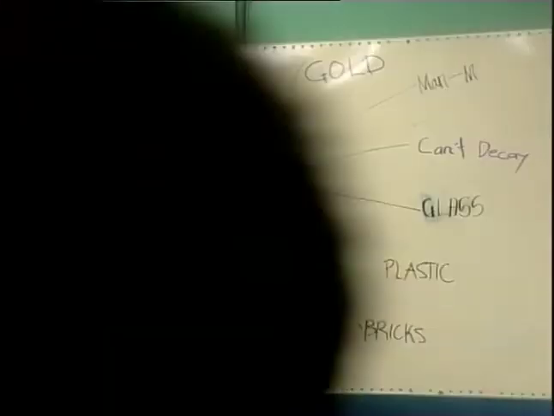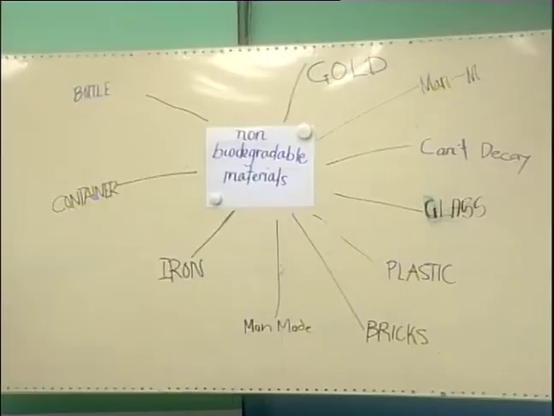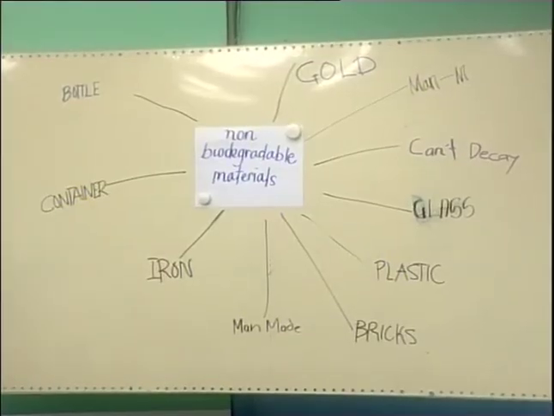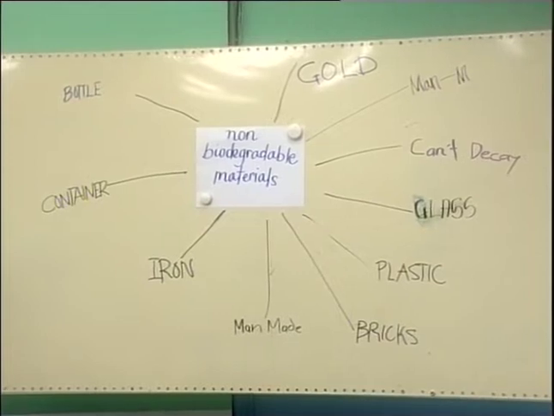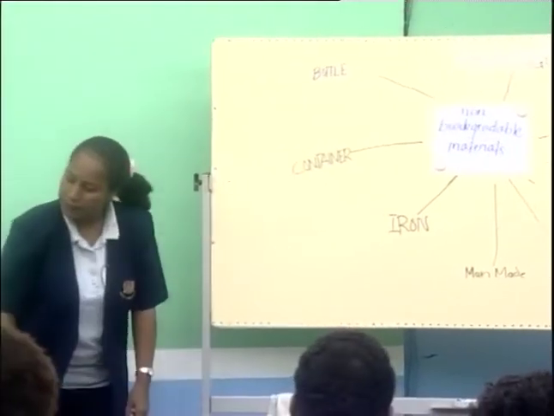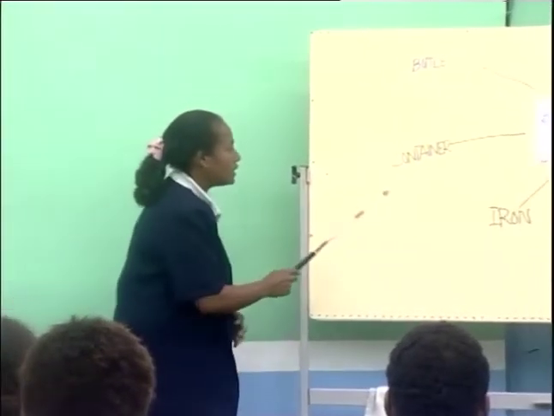All right, everybody, receiving students and model class, do you think all these words that you have written around this word non-biodegradable suit that word in the middle? Let's see. Container.